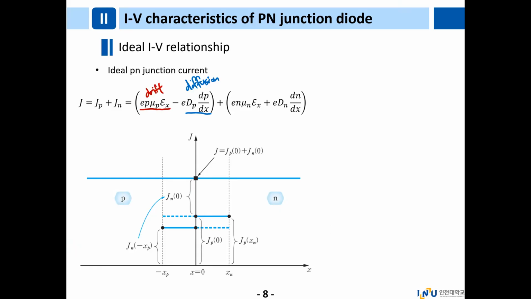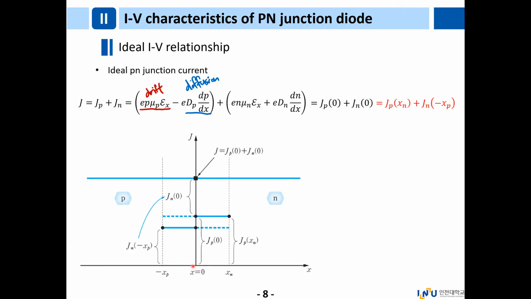To calculate the total current density, the electron current density and the hole current density are summed at an arbitrary point, x equal 0.